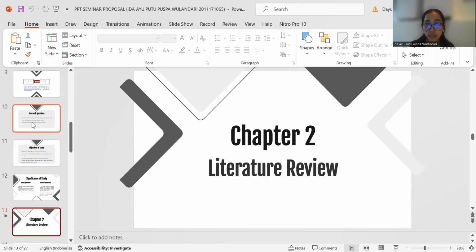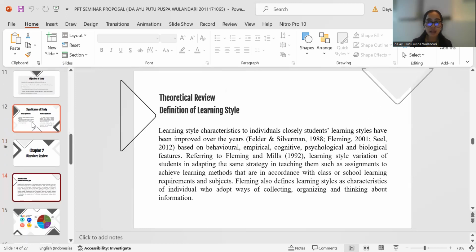All right, we're going to go to Chapter 2, the literature review. Ladies and gentlemen, I would like to explain first about the definition of learning style. As you can see on the slide, learning style is individual because students' learning styles have been improved over the years (Calder and Silverman, 1988; Fleming, 2001; Seal, 2012), based on behavioral, empirical, cognitive, physiological, and biological features.